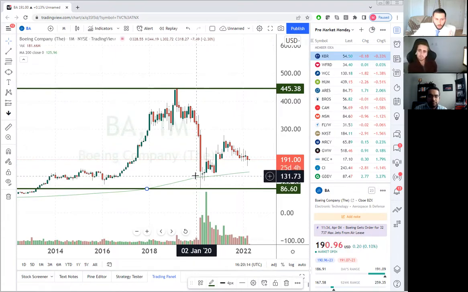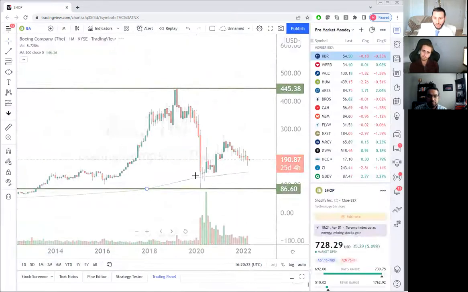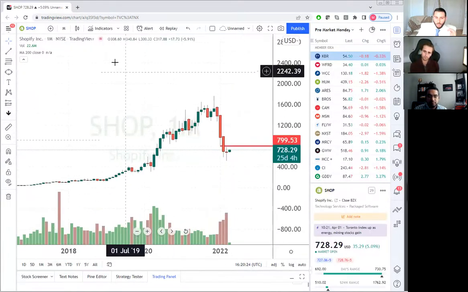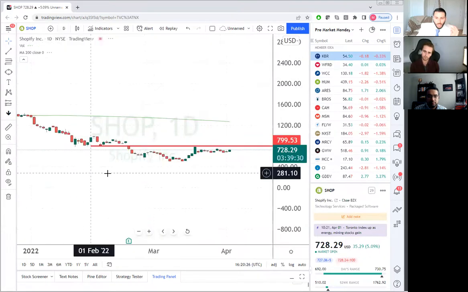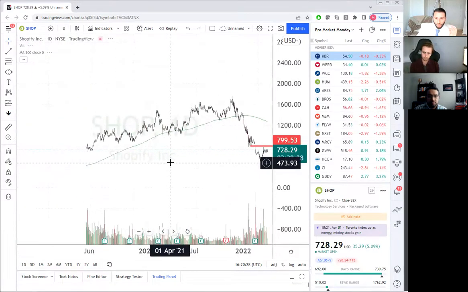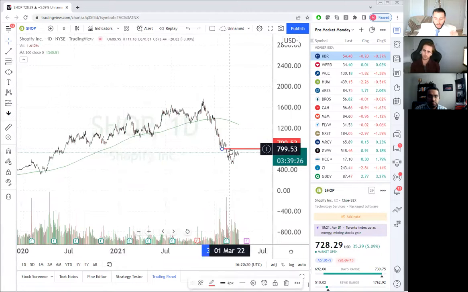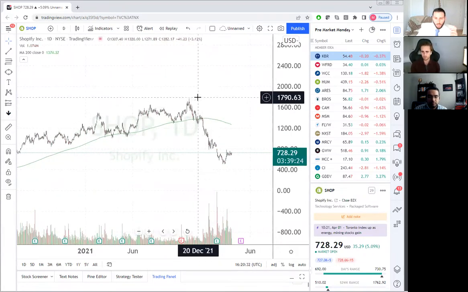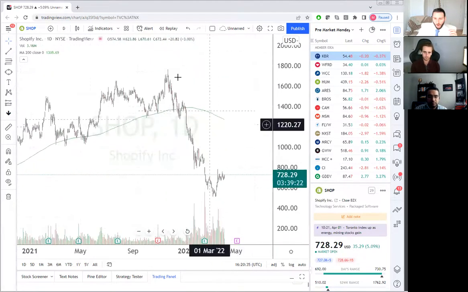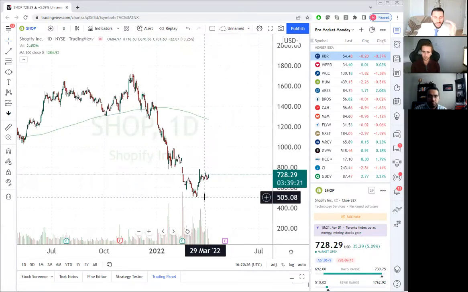One more thing is, especially on the percentages, and you mentioned it a little bit before, with most names, and we saw this a lot with a lot of the high beta tech names recently, there's usually a percentage that the stock can pull back where it's still not fully dead. And you'll see names like Shopify, this was a 60% drop off its high, and normally it's kind of 75%.